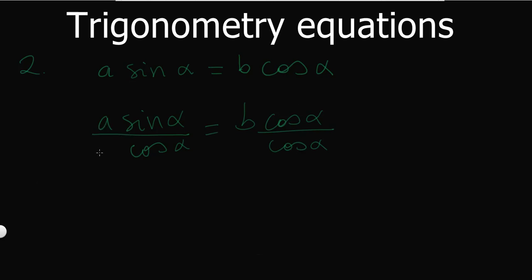Then I divide by a on both sides. Sine over cos will give me tangent, and then I cancel this, which gives me b over a. Can you see? So we have tangent alpha equal to b over a. Then from there you solve.